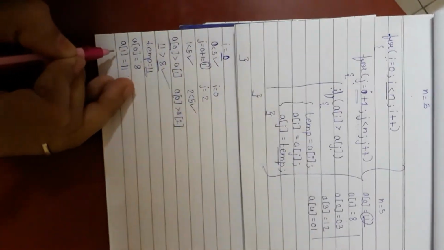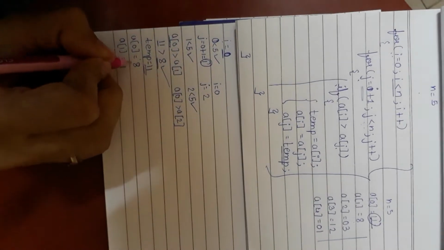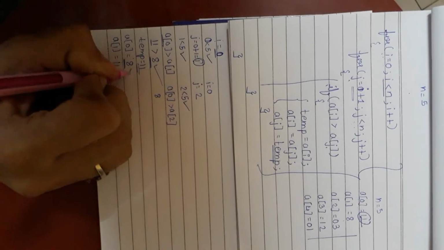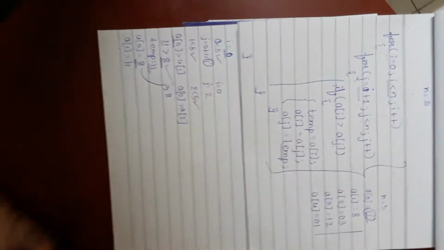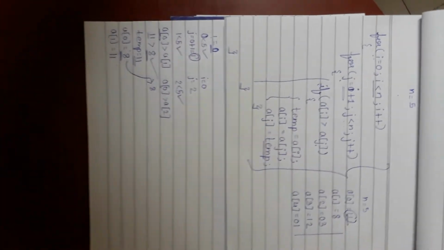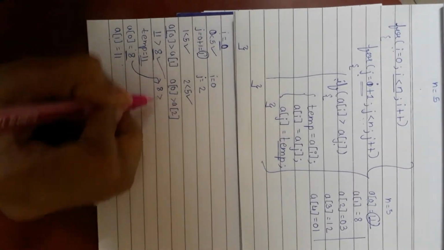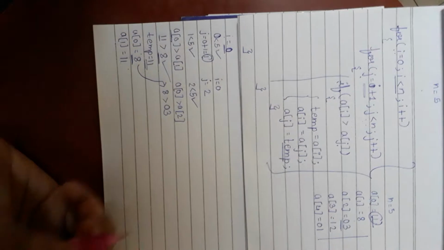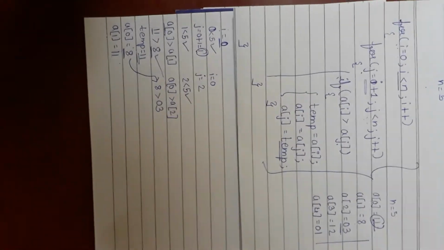Because of that execution, a's value is changed, which is 8. So now we will take 8 as the value. This new value which you got because of execution, you will consider it is greater than a of 2. What is the value of a of 2? 3. Again the condition is true. 8 greater than 3.